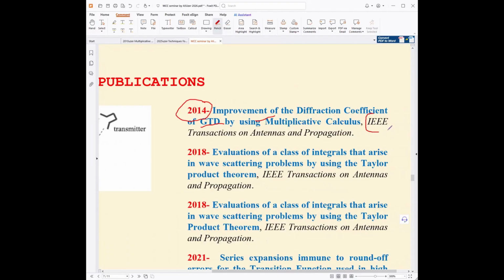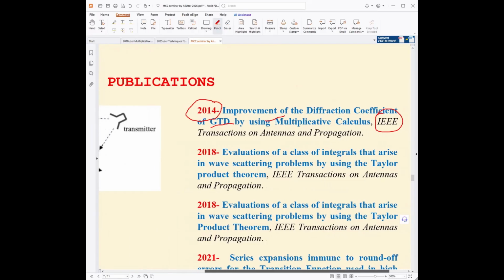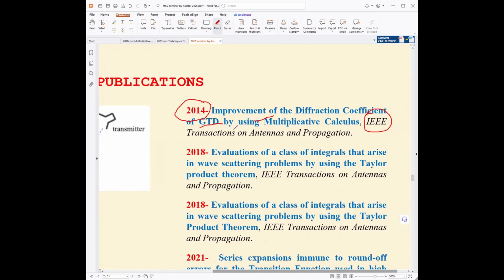This is a high impact journal, IEEE Transactions on Antennas and Propagation. Their editors liked the form of the multiplicative calculus. I even remember one of the editors asked me to include an appendix describing multiplicative calculus for those engineers of electromagnetics.